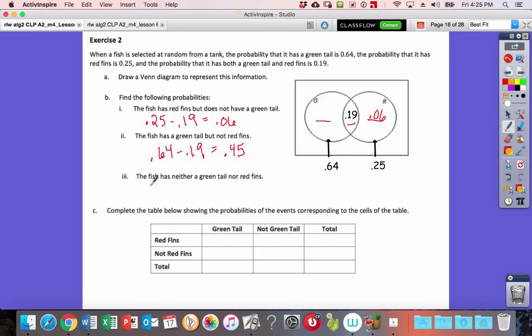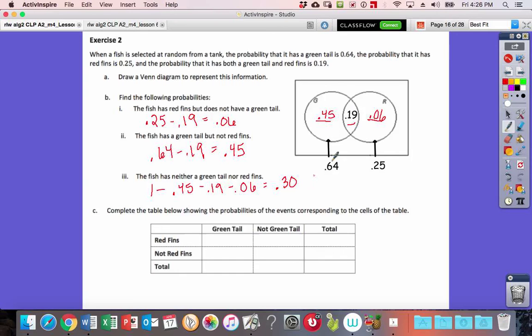So what I'm going to do is say that would be 1 minus, what did we decide this one was? 0.45 minus 0.45 minus 0.19 minus 0.06. Now I'm going to get, let's see, I put that in my calculator, 0.3.